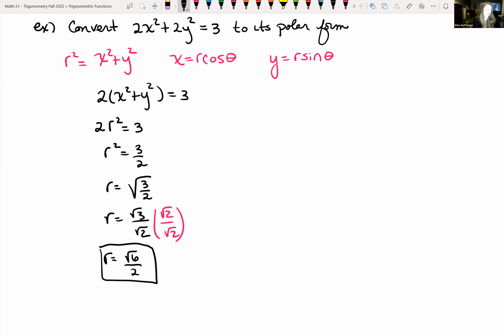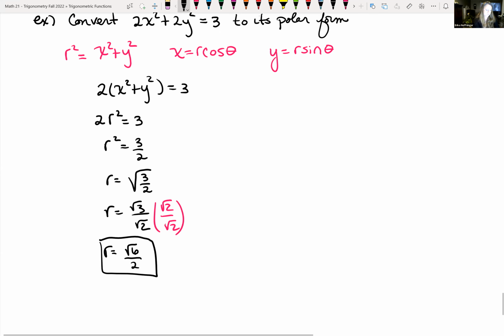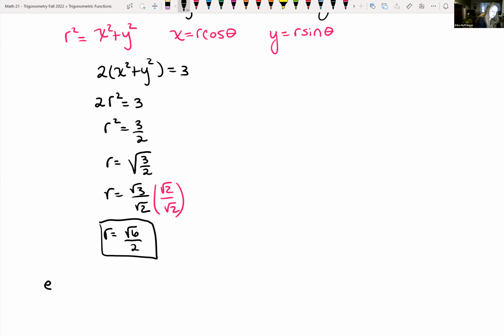You should be able to go in the other direction: given an equation in polar form, rewrite it in terms of rectangular form. So for example, let's say that you had r is equal to sine theta minus cosine theta.